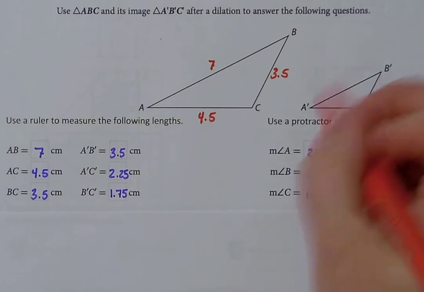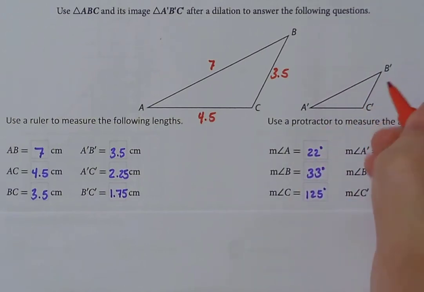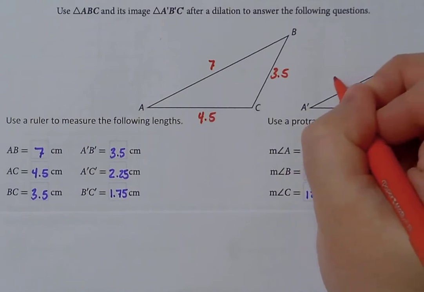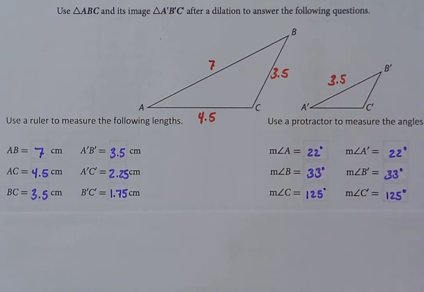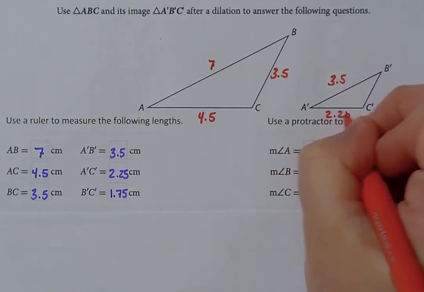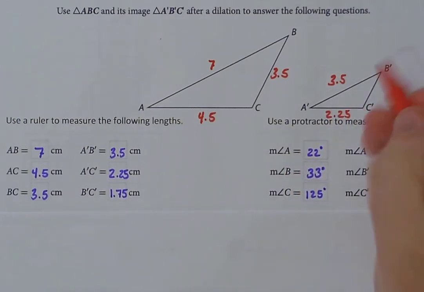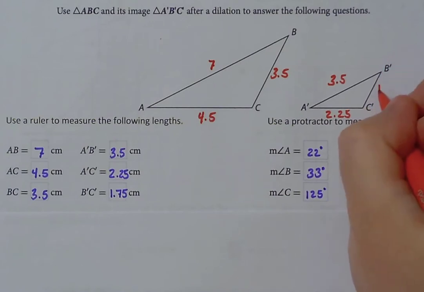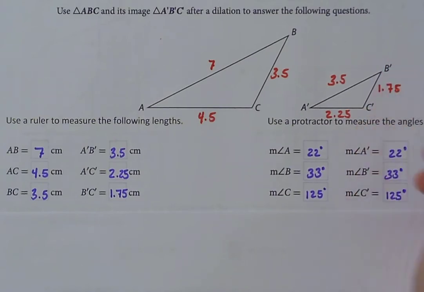And then for our image triangle, A prime B prime was 3.5. A prime C prime is 2.25. And then B prime C prime is 1.75. So I went through and found all of those measurements using a ruler, and we're going to use those measurements here in a second to help us understand what a dilation does.